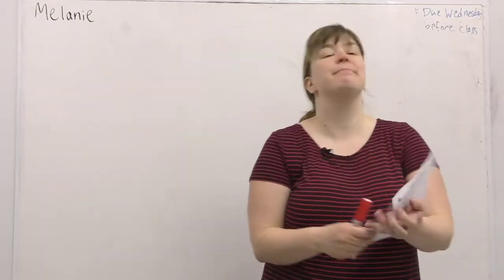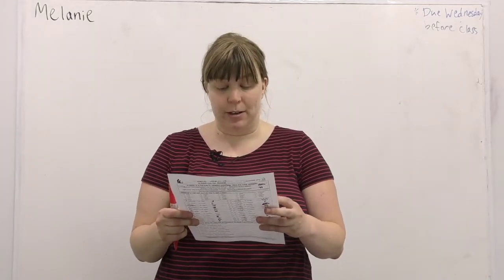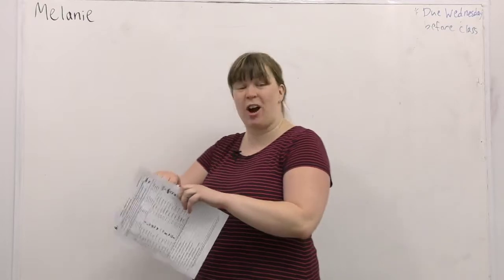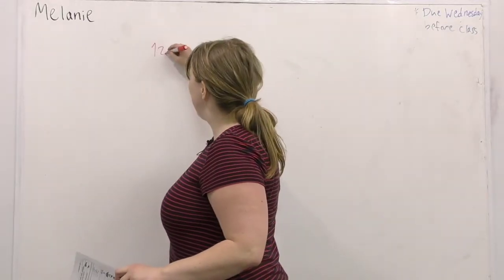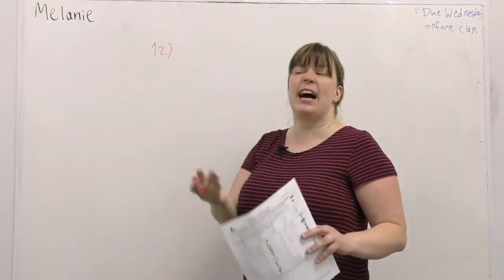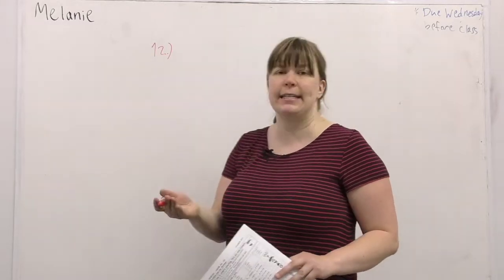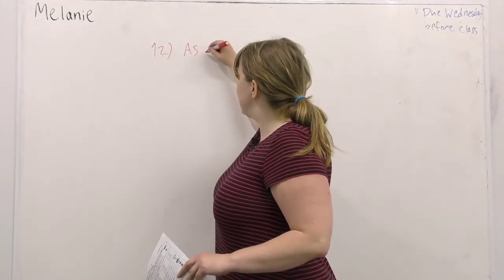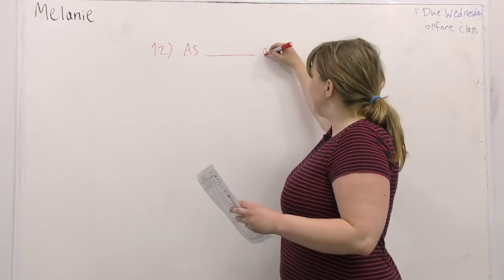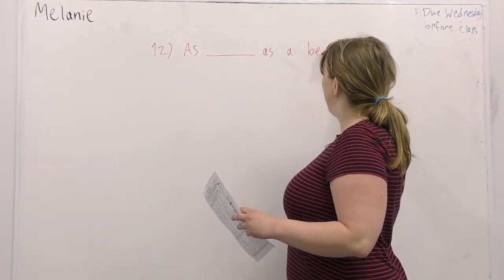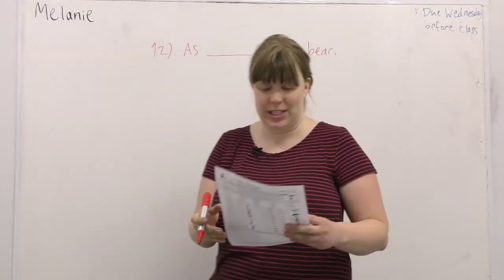All right, we ready? What do we have here? Oh, how appropriate. We just talked about this animal. Okay, this is not a simile I taught you in the second half of class, but it's as something as a bear. We just talked about bears.